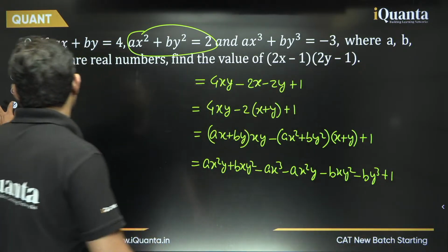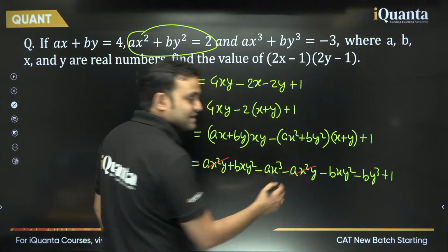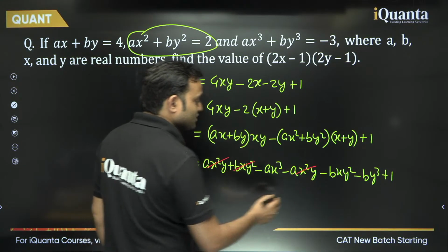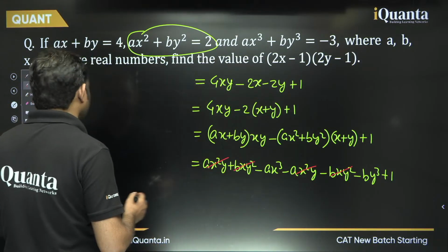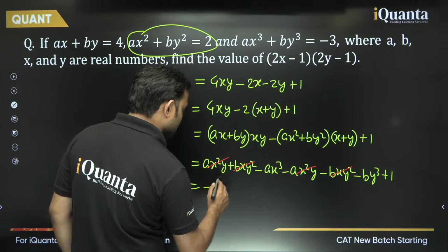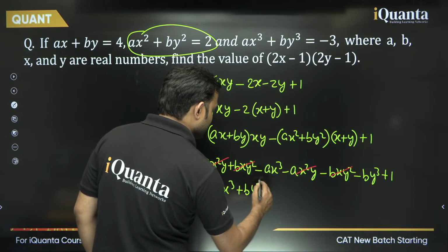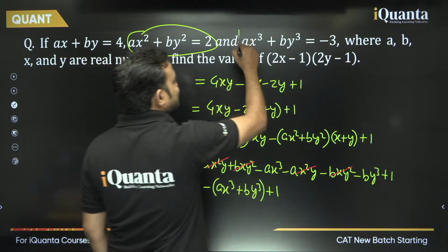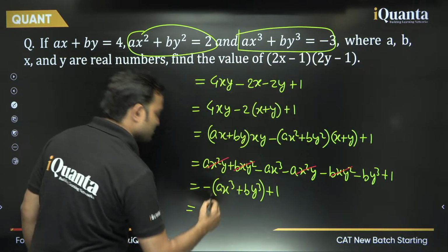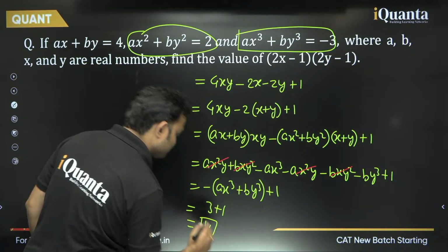Now, check this out. ax square y minus ax square y, bxy square minus bxy square will be cancelled out. We are left with minus of ax cube plus by cube, plus 1. Now, this value is given, it is minus 3. So, this will become 3 plus 1, which is equal to 4.